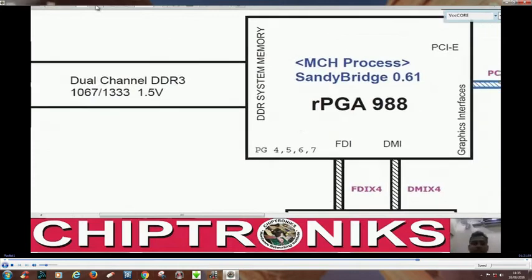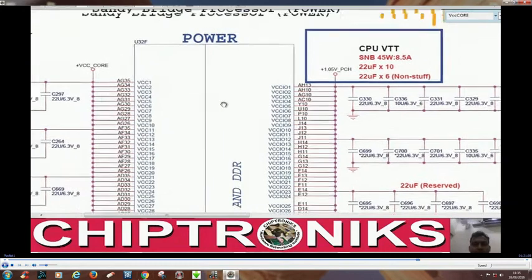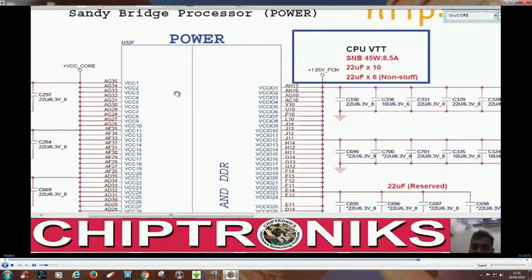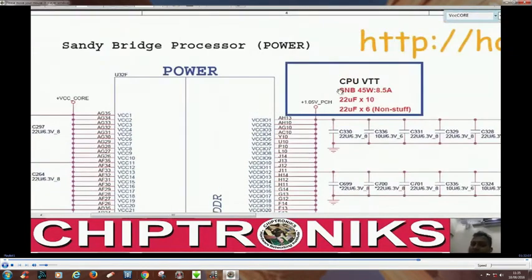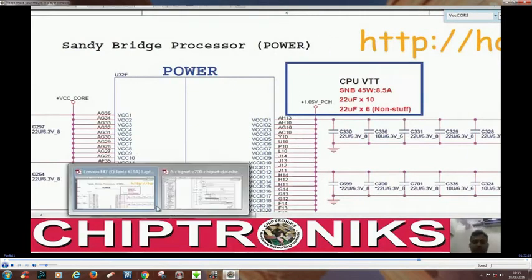You can see over here, we go to page number 6, and you can see what are the various voltages required by this processor. Plus 1.05 volt_PCH. This has already been generated before the core voltage. This has already been generated before the core voltages.